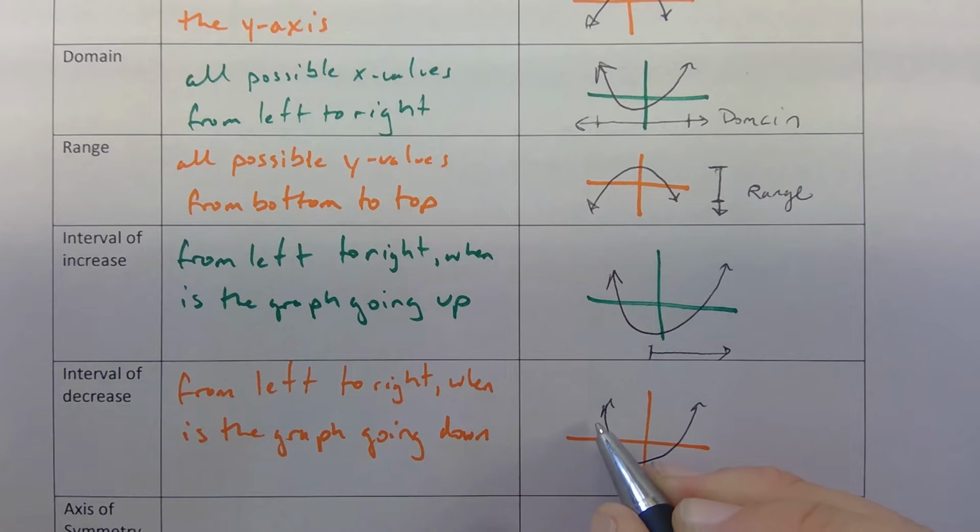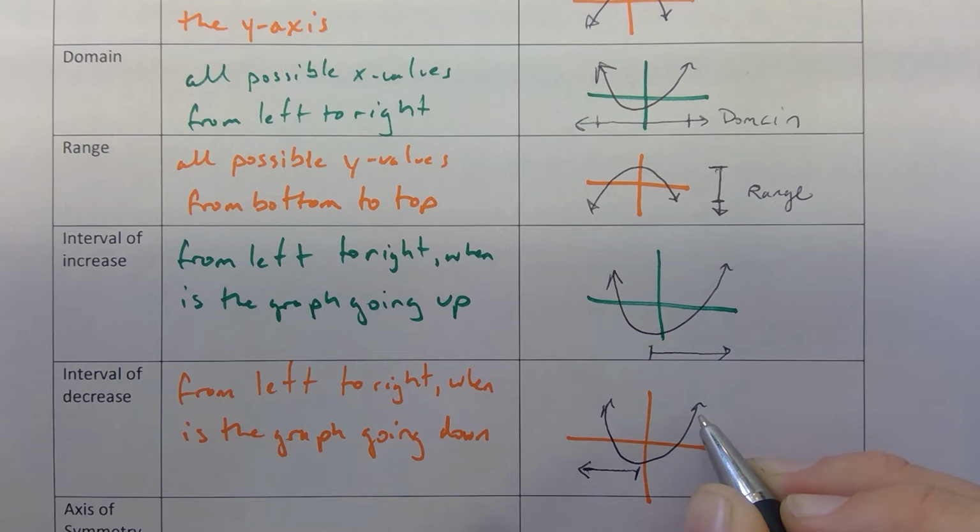It's going down. I know the arrow is pointing up, but this graph is going down. And since it has an arrow on that end, I need to draw an arrow on that end. Now it's going down, it's going down, it's going down. It stops going down, and now it's going to start going back up again. And that's our interval of decrease. Once again, we'll look at notation on those in just a little bit.